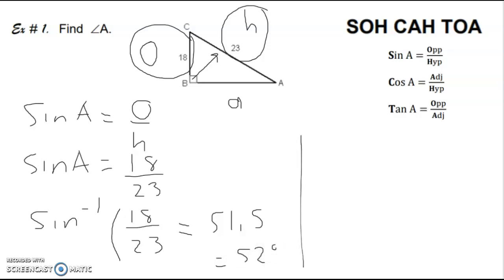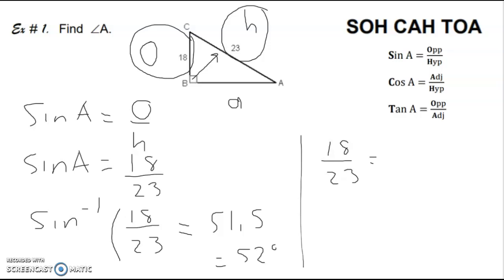If you are a backwards calculator, what you're going to do is put in your calculator 18 divided by 23, get that answer, and it's a long one. I believe it's 0.7826088696, okay? Don't worry about that. Just use that answer.